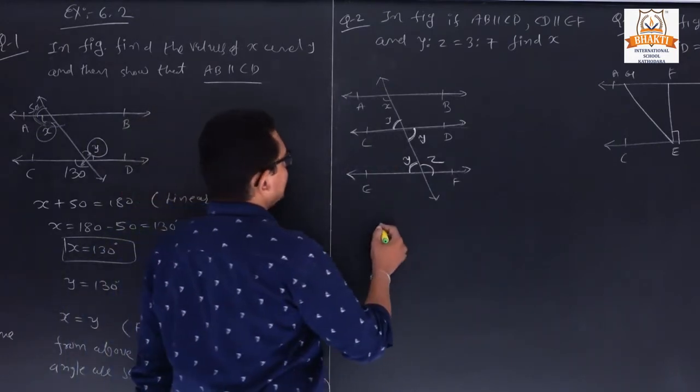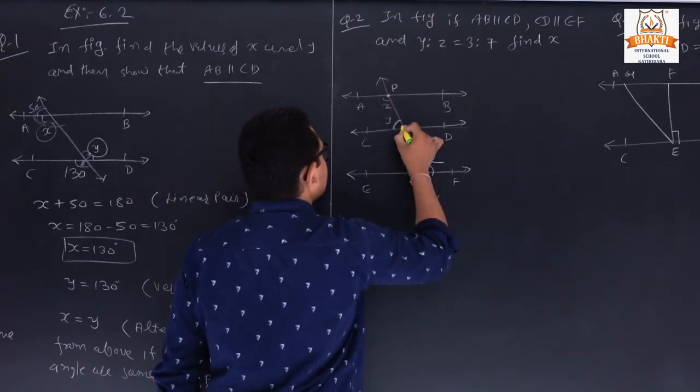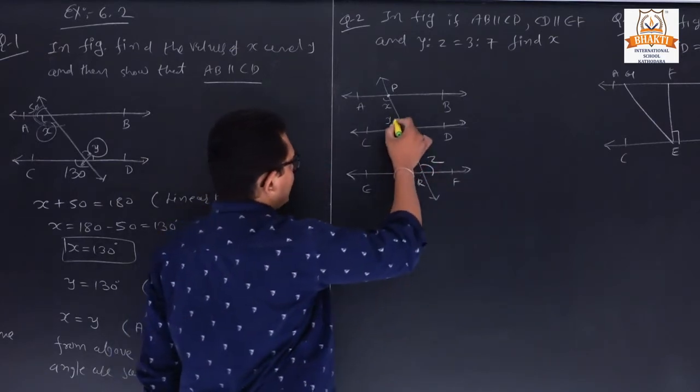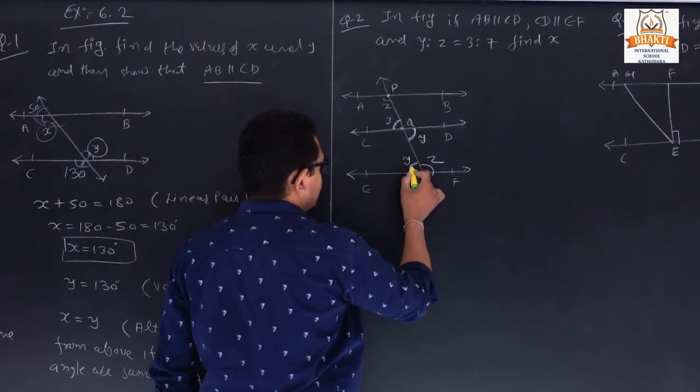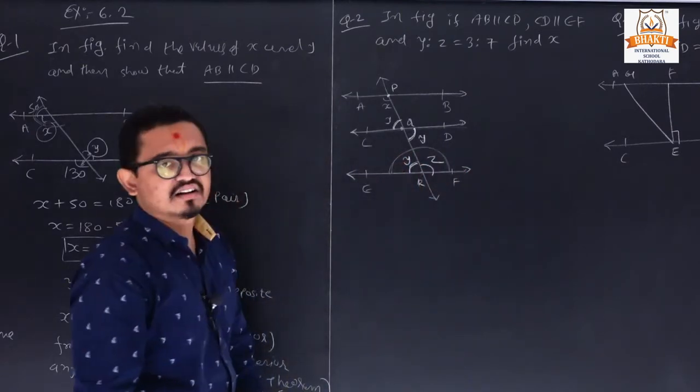So here I am starting. Suppose I am giving the names P, Q and R. So now see that it is a linear pair. Clear? It is a linear pair.